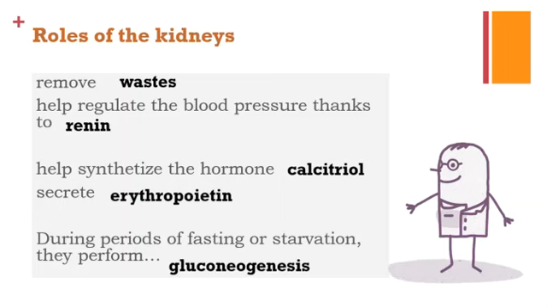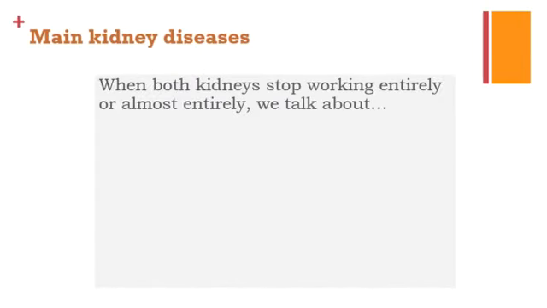Sometimes kidneys don't work properly or stop working completely. This is what we are going to see with our next slide. When both kidneys stop working entirely or almost entirely, we talk about acute renal failure.